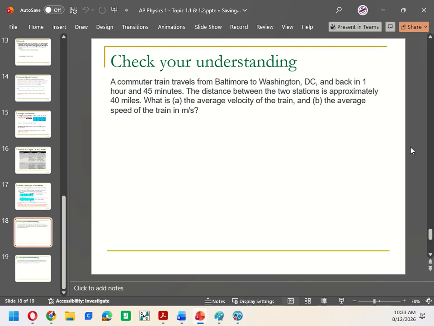All right, so on the board up here, I'm going to start with my diagram. And we have Baltimore. And we have DC. Now, what do we know about this? I'm just drawing a train, if you want to draw a train, you're awesome. I'm horrible at drawing trains. Anyway, what do we know from that information?